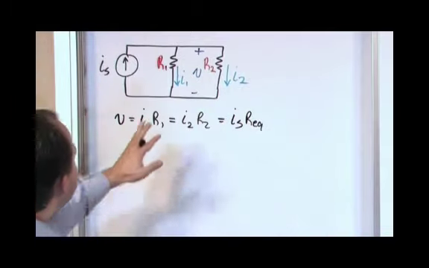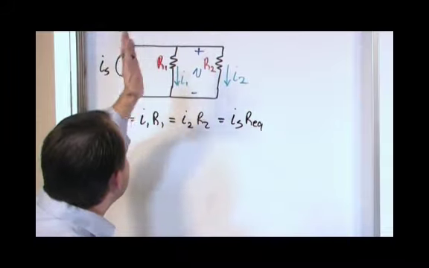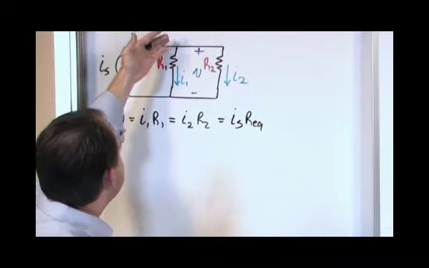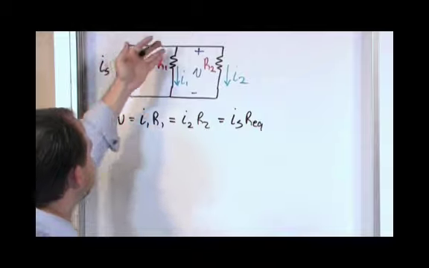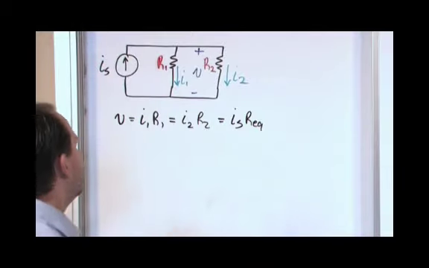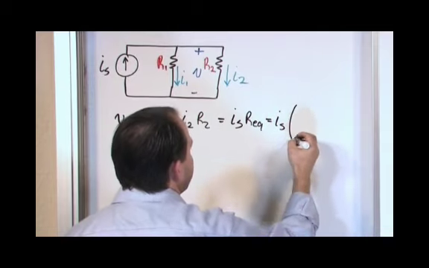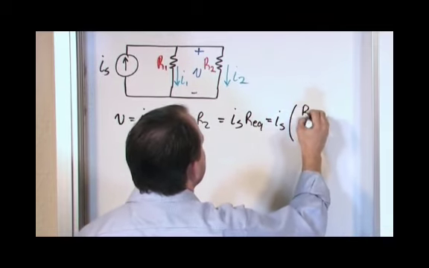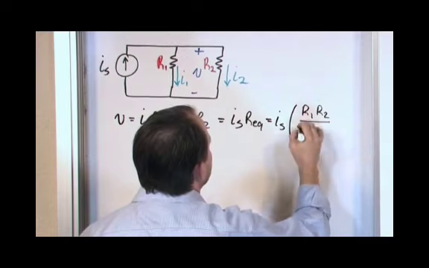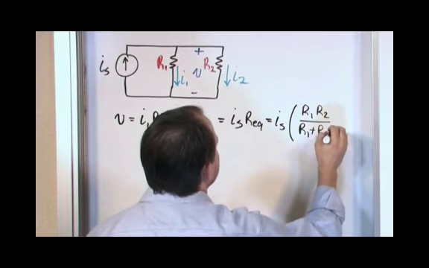In other words, if we combined resistances, we have a single resistor fed by I sub S, and the voltage across it would be I sub S times the equivalent resistance, IR. We know what the equivalent resistance is: it's product over sum, R1 R2 divided by R1 plus R2.